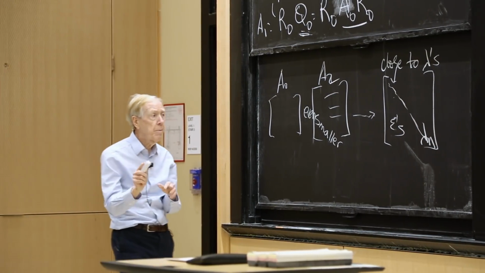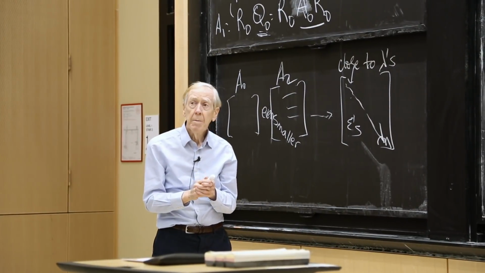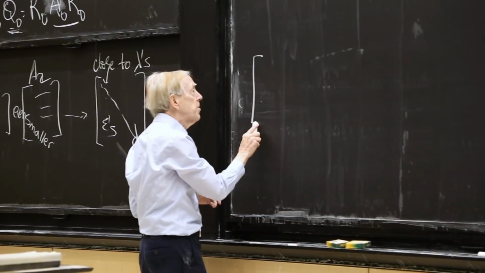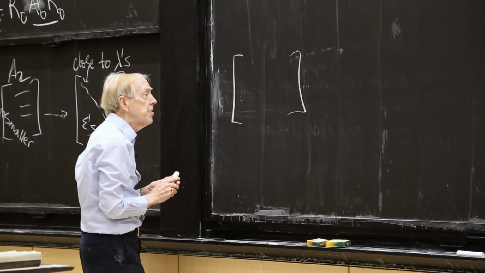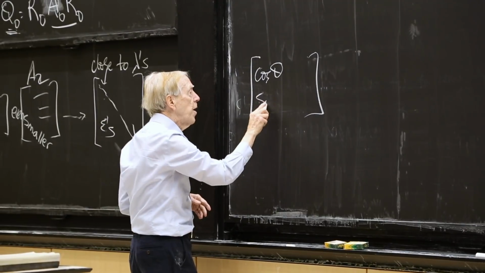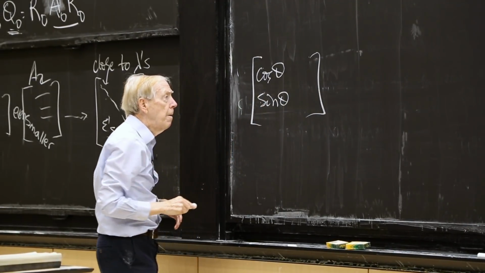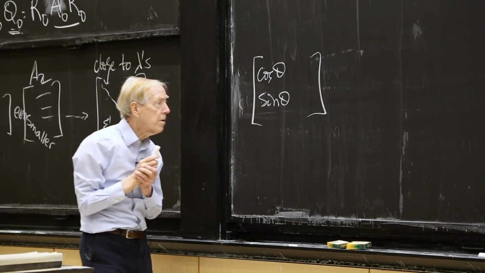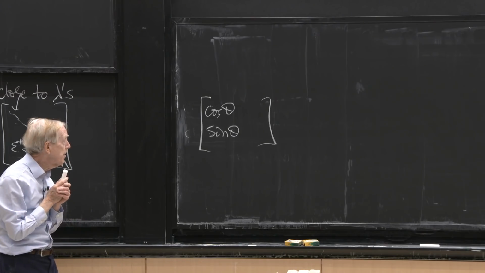Actually, I do an example in the notes, and let me say what happens. So I do a 2-by-2 example, which has something like cos theta, sine theta. I've forgotten what I took, and I don't have that page of notes here.